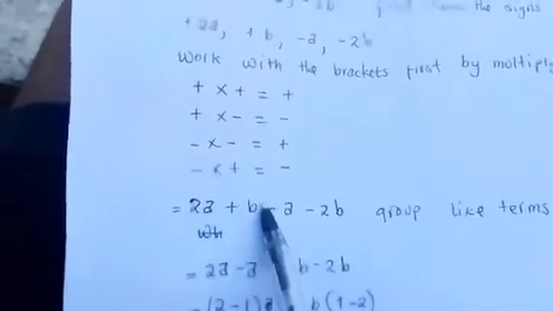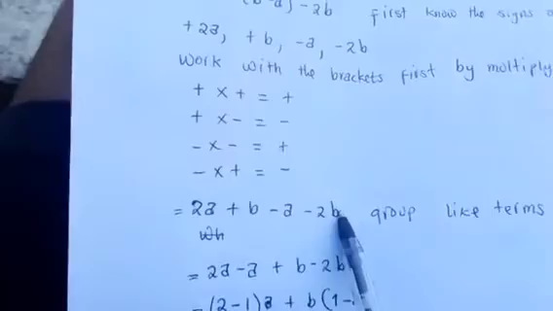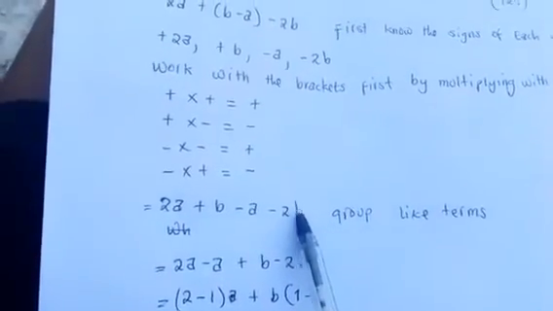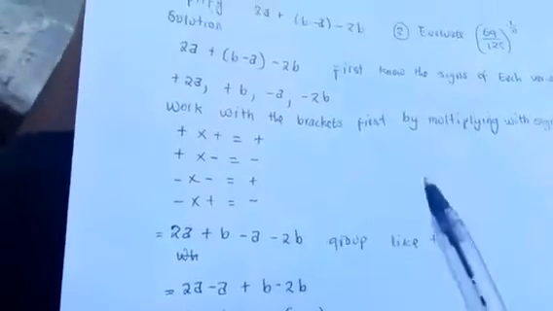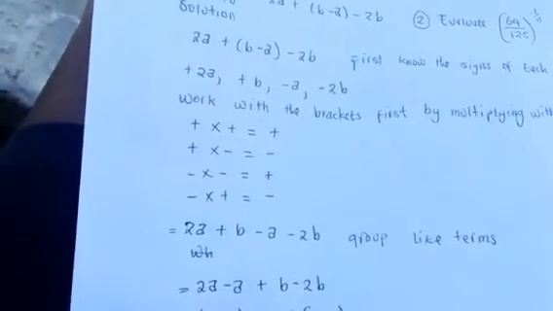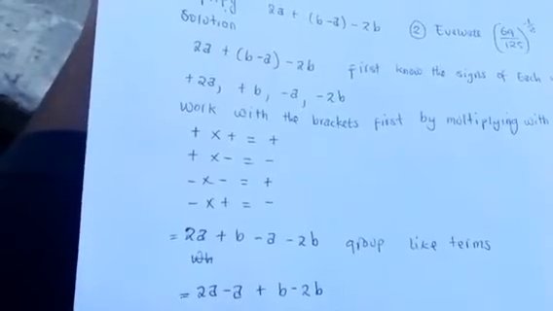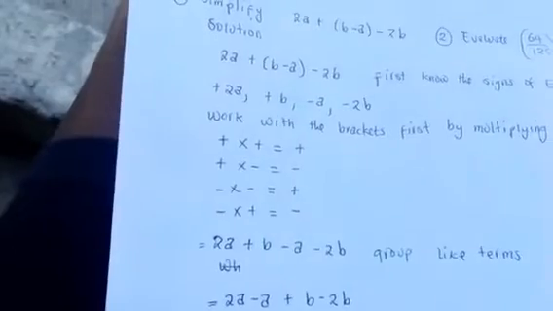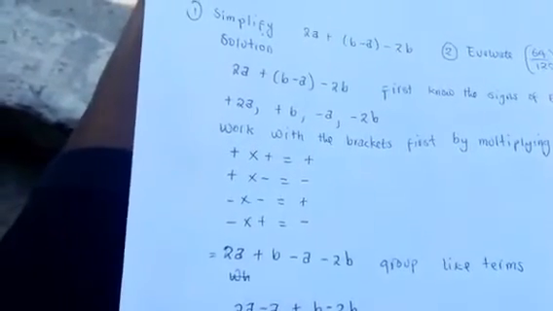So we have 2a plus b minus a minus 2b. So here now you group like terms. Grouping like terms is you look for the variables with the same, or I can say, you look for the numbers which look alike.